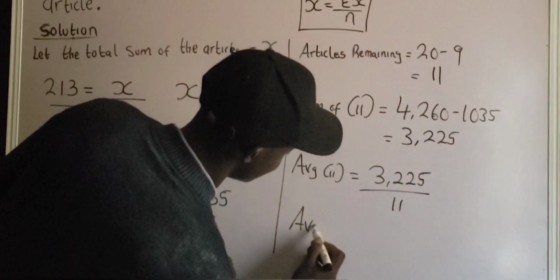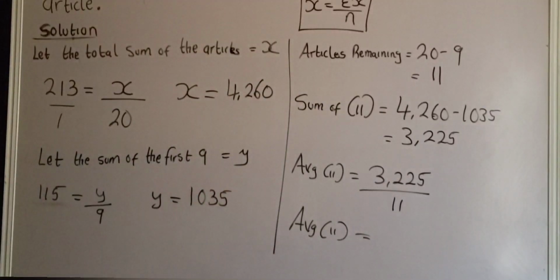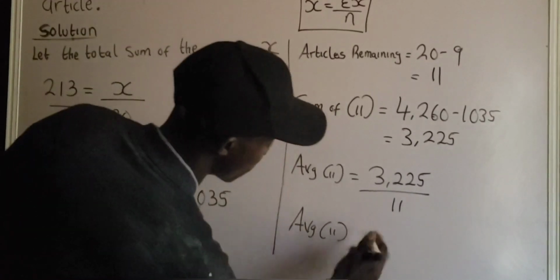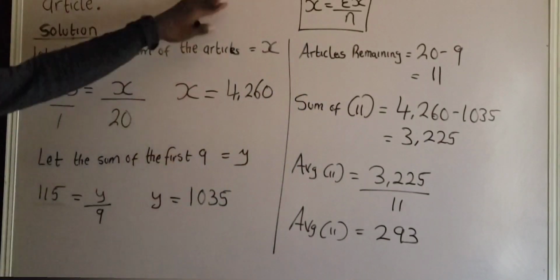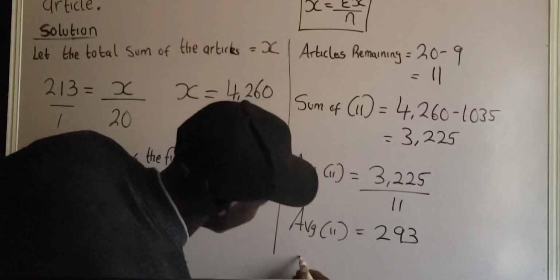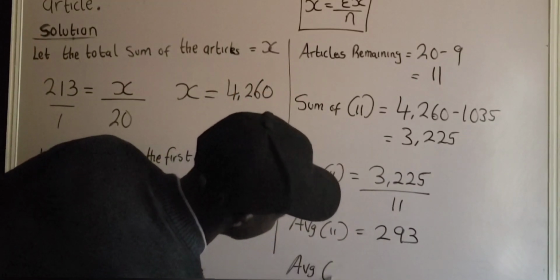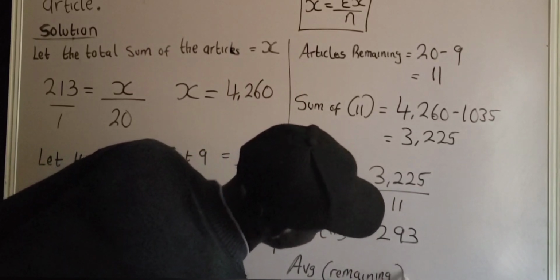So the average of the remaining articles is equal to 3,225 divided by 11. The answer is 293. So the average cost of the remaining articles, which is 11 articles, is what? The average of the remaining articles is what?